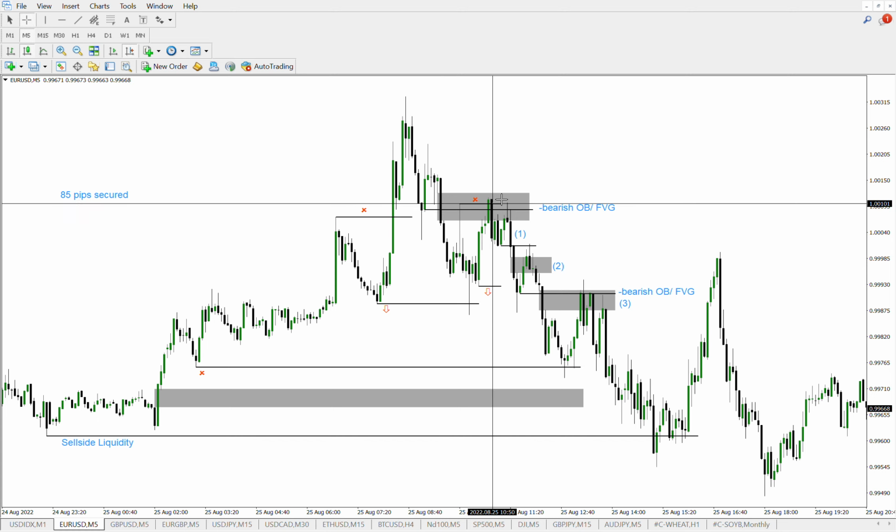Right? And if you just look at it this way, I secured 85 pips in a 50 pip range. All right, so this is the perks of, in my opinion, trading on the lower time frame, because you're going to get much more entries.